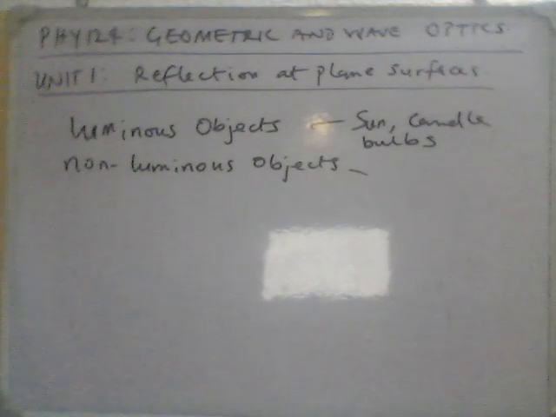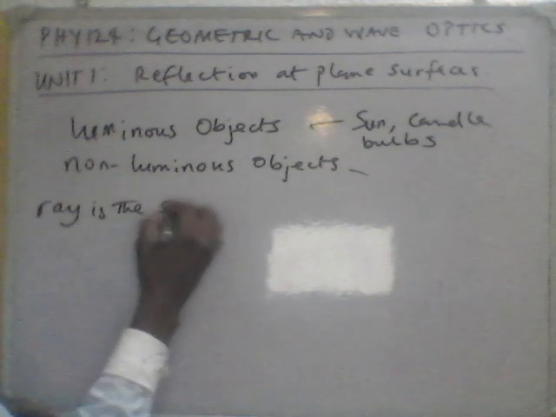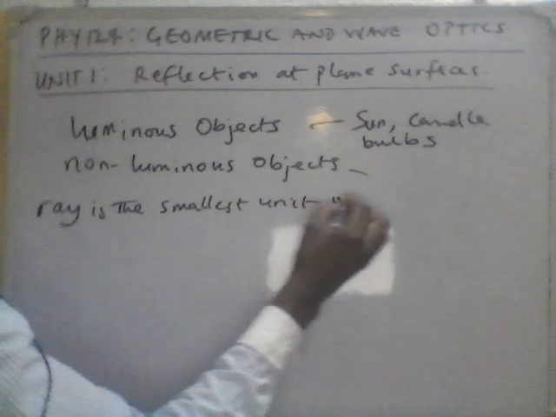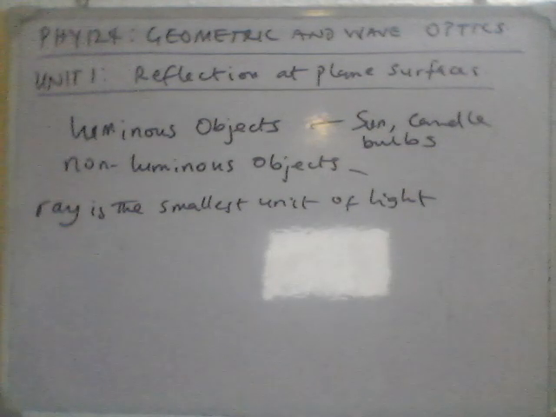So the smallest unit of light is called a ray. A ray is the smallest unit of light. You know, when we say the atom is the smallest part of an object or a body, though scientifically it's proven that the atom has other components, it has the nucleus, the electrons, the protons, and the orbits.